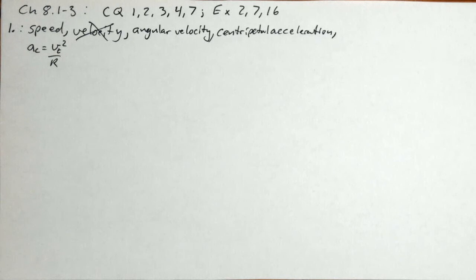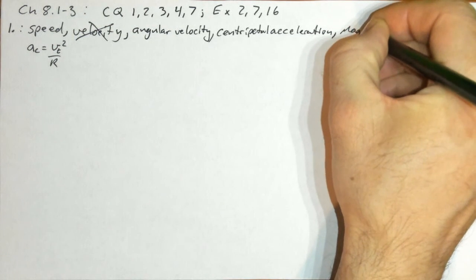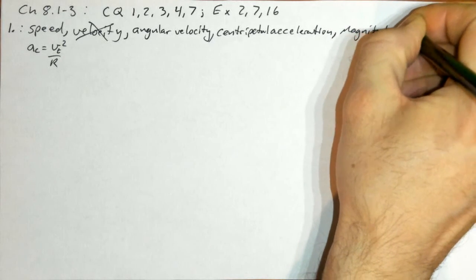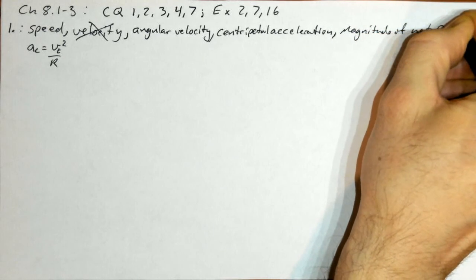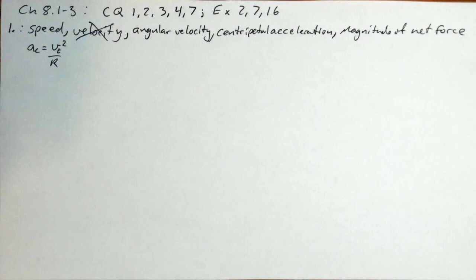Newton's second law relates forces to accelerations, and if it's uniform circular motion, that means the only acceleration is the direction changing one, or the centripetal acceleration, and so the net force points in that radial direction, and is equal to mass times that centripetal acceleration, which we just argued was constant, therefore it's constant too. So all of those choices are constant except for velocity for uniform circular motion.